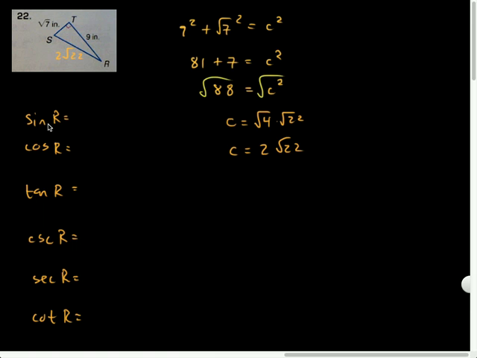So for sine, that's opposite over hypotenuse. The opposite is square root of 7. The hypotenuse is 2 roots of 22. So that's root 7 over 2 roots of 22. I'd have to multiply by root 22 over root 22. 7 times 22 is 154.